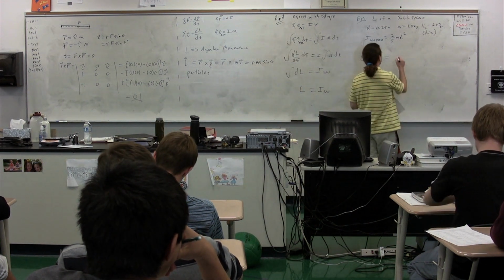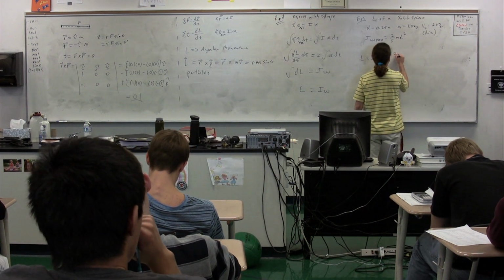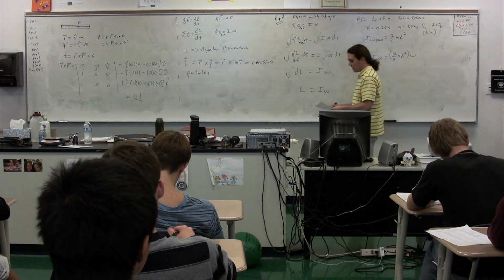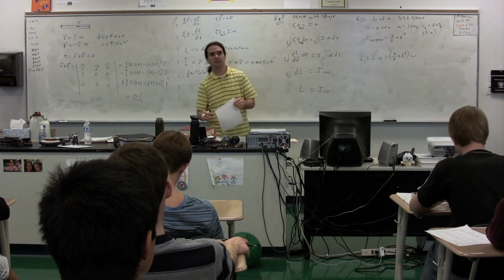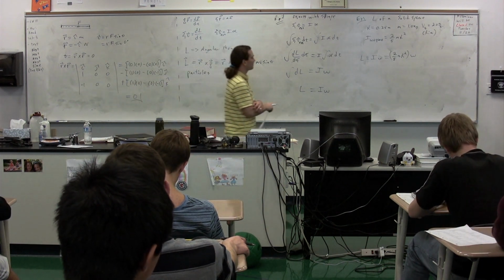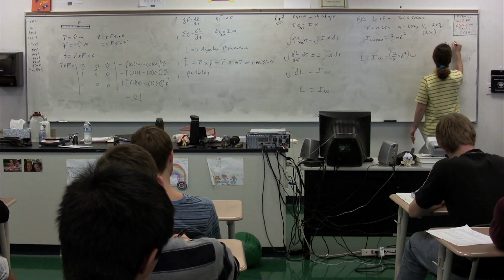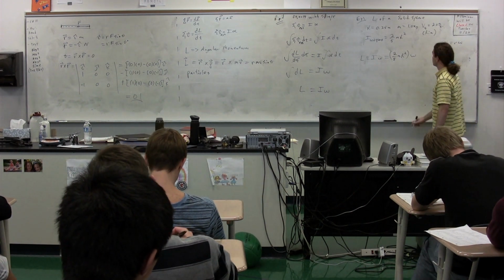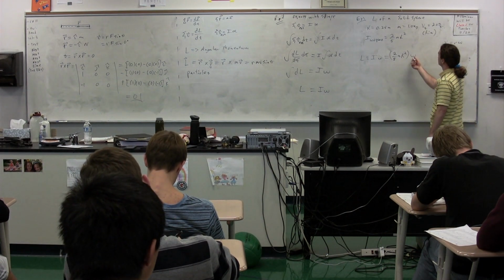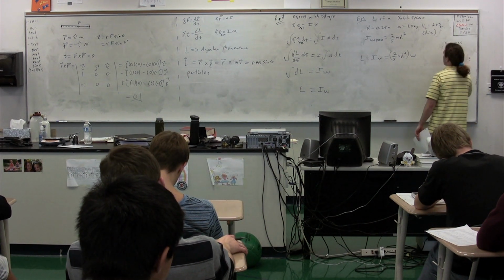We have the moment of inertia, 2/5 mr squared, but we're stuck with this angular velocity. We know that the linear velocity equals r times omega. So the angular velocity equals the tangential velocity divided by the radius.